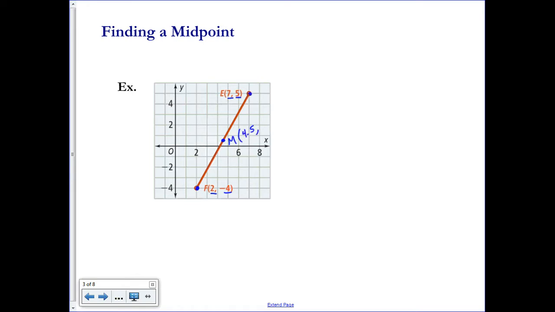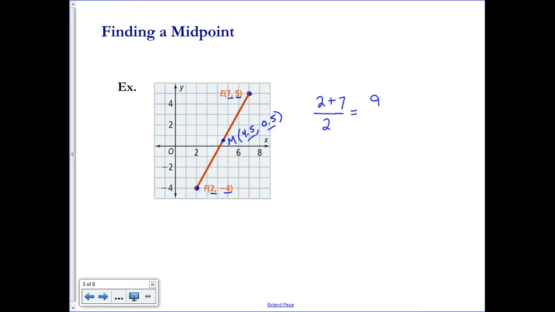So 4.5 and 0.5. To show that algebraically, so you're not doing guess and check and counting on your fingers and trying to figure it out, you could just find an average, because that's really all those 2 points are. The x here and y here are just the average x value, the average y value from E and F. So an average means add the two numbers together, so the two x values, and then divide it by 2.